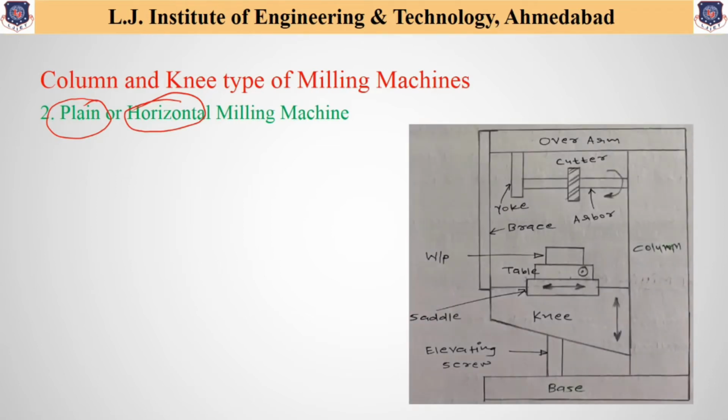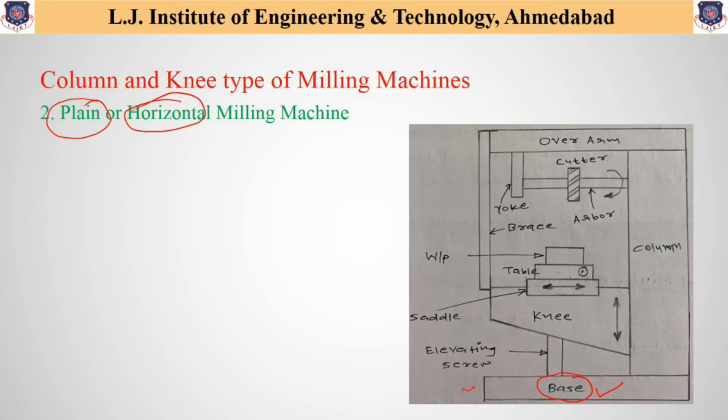From this figure we will also discuss the major important parts available in all column and knee type milling machines. As seen from the figure, it consists of the main basic parts, of which the first one is the base. This base is a heavy casting and it is provided at the bottom of the machine, which can be seen from the figure.